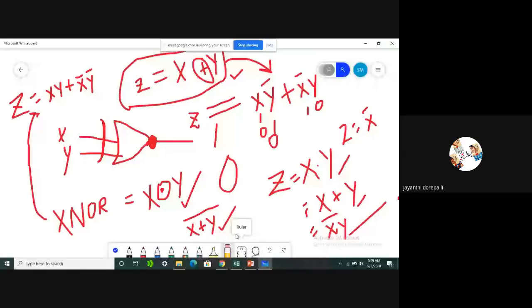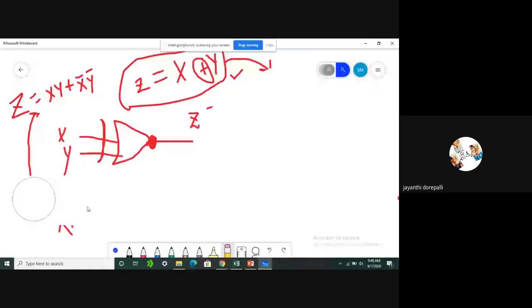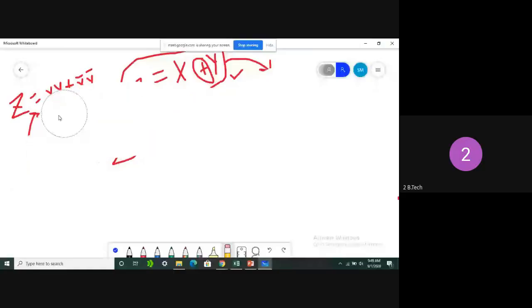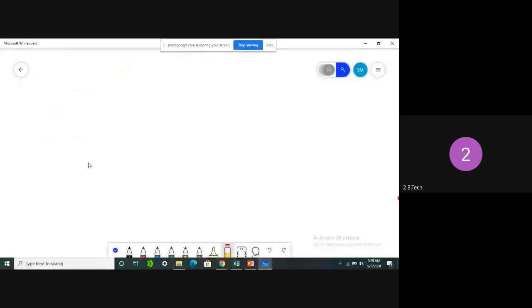I will write here. What is the formula associated with AND laws? A dot 0 is obviously 0.